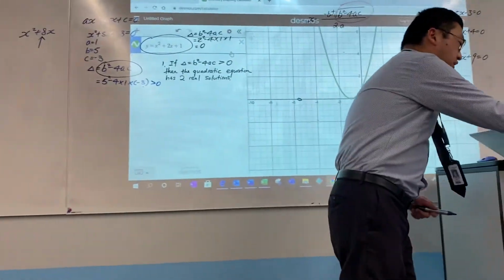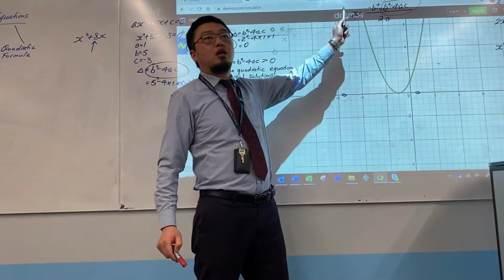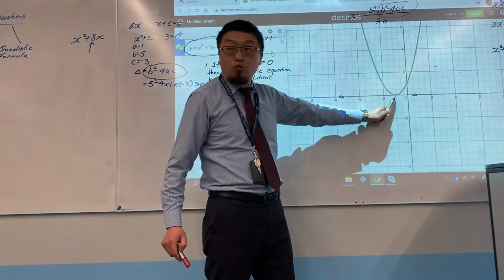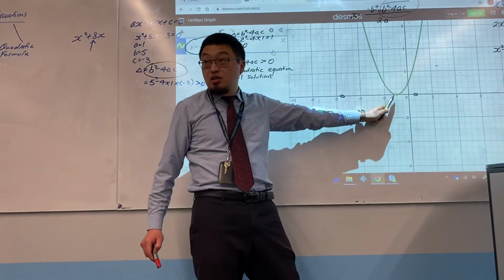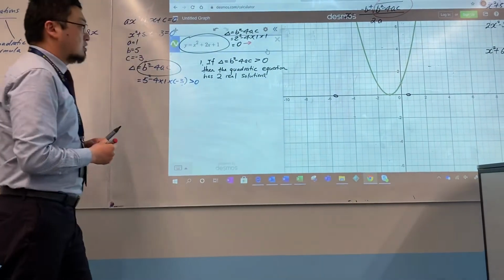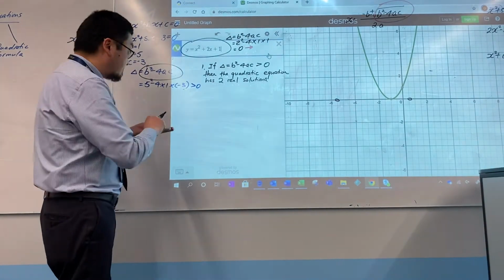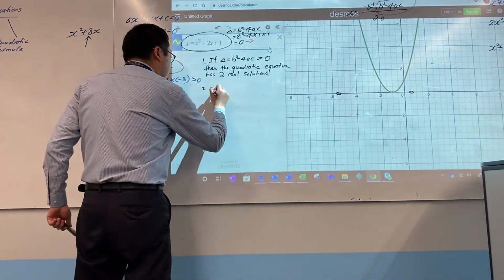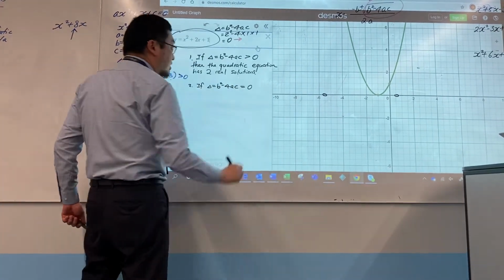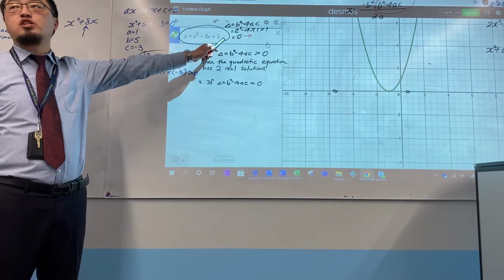So let's write our conclusion here. Can you see the graph? Please focus here. The graph only cuts the axis at one point. Can you see? Yep. So that's our second point today. If delta, b squared minus 4ac, is equal to 0, just like this case, then the graph only cuts the axis at one point. This is brand new, guys.